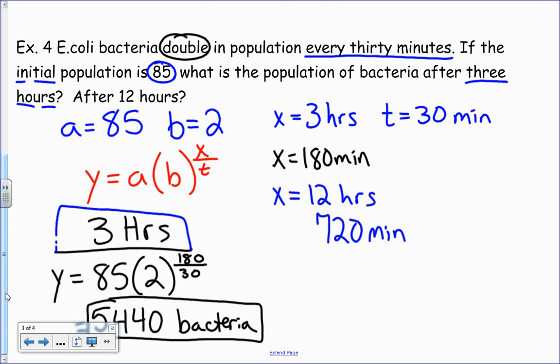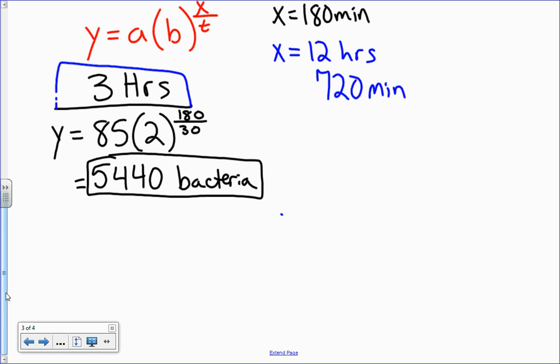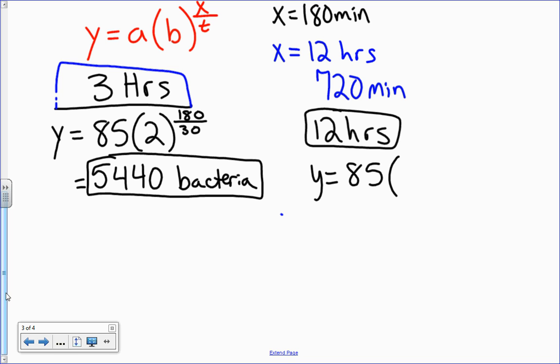I'm going to do the same thing I did just a second ago. I need the same formula, except on the top of the fraction, I'm going to put 720. So y equals 85, which is the initial value, times 2, which is the growth. This time it's to the 720 over 30.